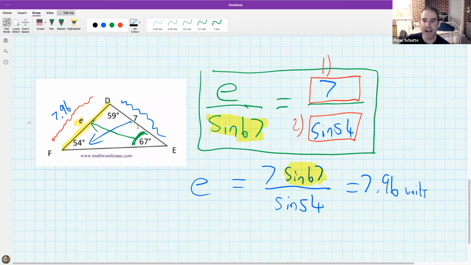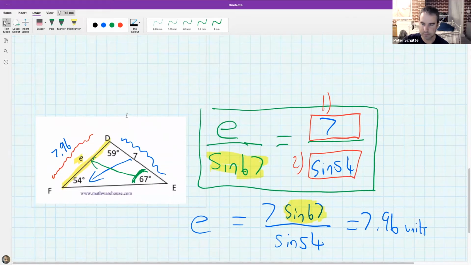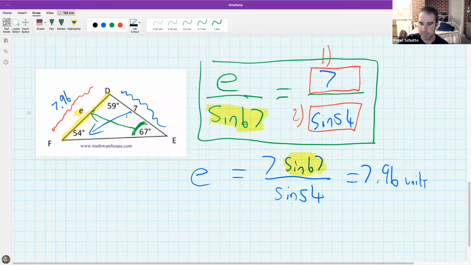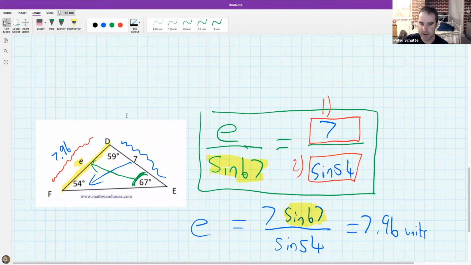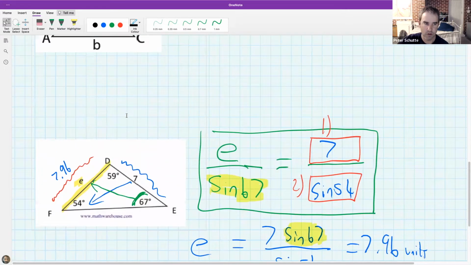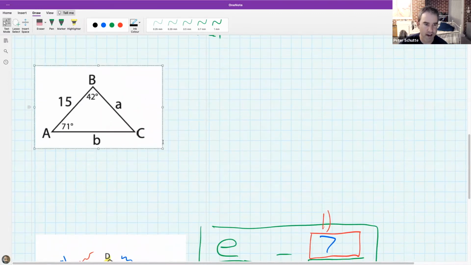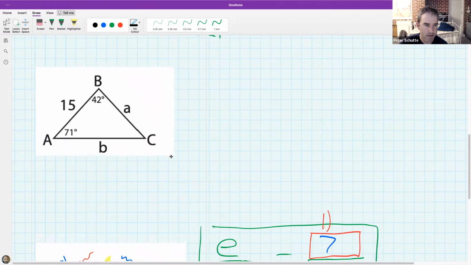Okay, let's do a slightly harder one. So take a screenshot if you need to. Then I want you to try and find the length of, which of these sides should I ask you to find?